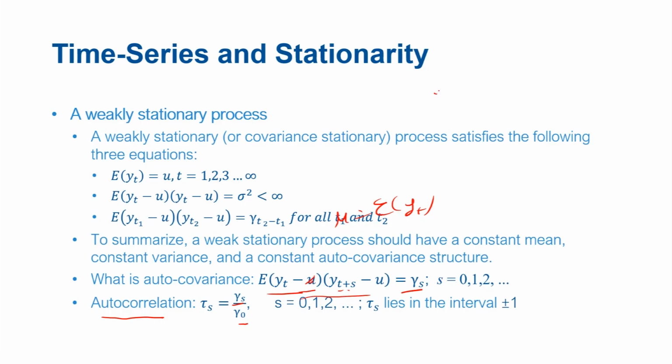Variance is the autocovariance of yt with its own self, neither lead nor lag. So this tau s is the autocorrelation. Obviously, when lag is equal to 0, then autocorrelation will be 1, because we are computing correlation of yt with itself, and for all the other lags it will lie between +1 and -1. So this is called autocorrelation, which is a more refined measure than autocovariance.